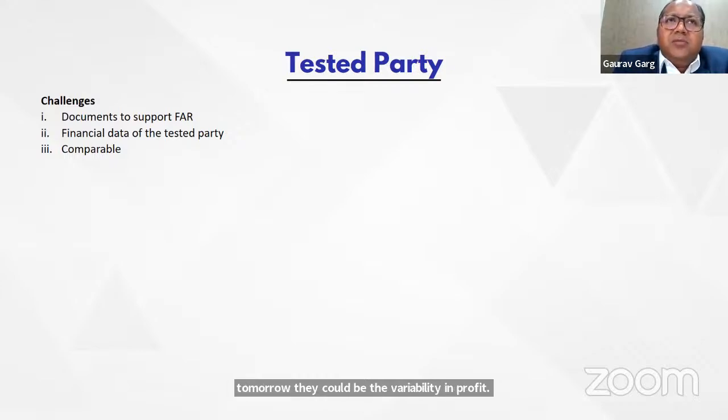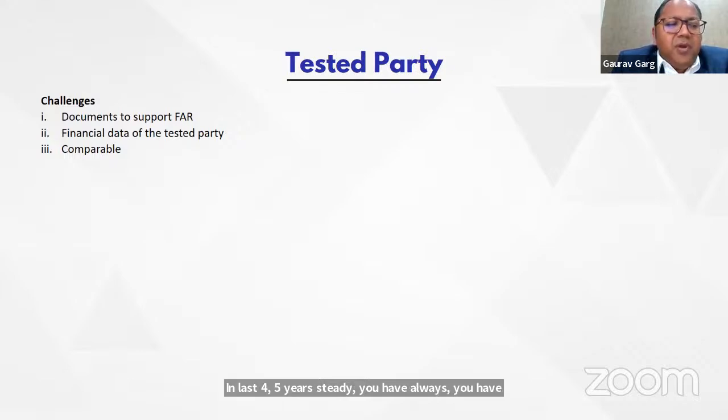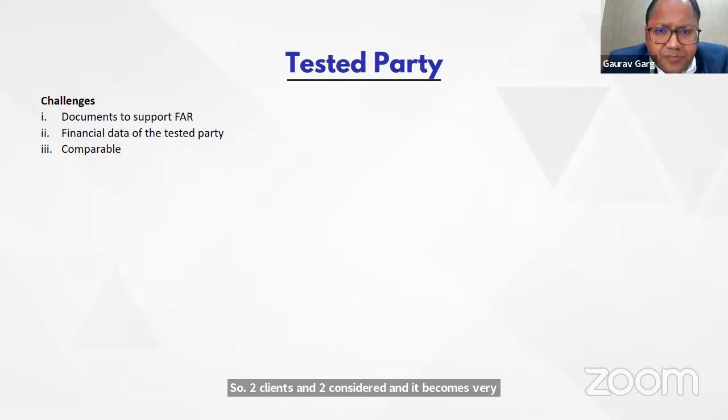If the profit goes down after 4 or 5 years and you face that crunch, what will happen? In the last 4 or 5 years' study, you have considered a complex entity as a tested party, so you may end up in trouble in the next years. So for clients and consultants, it becomes very important to choose the tested party very cautiously.